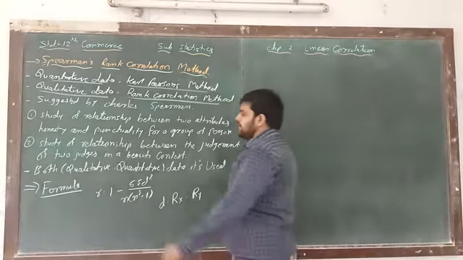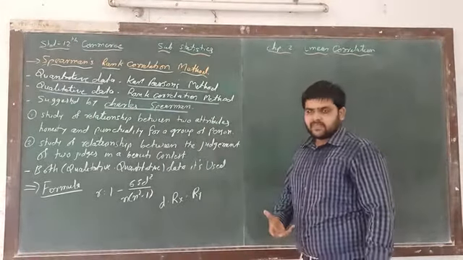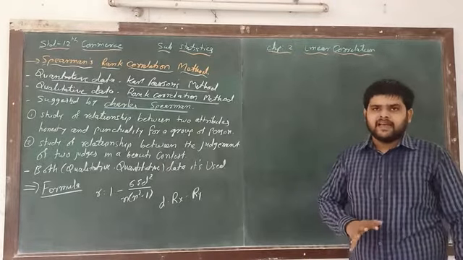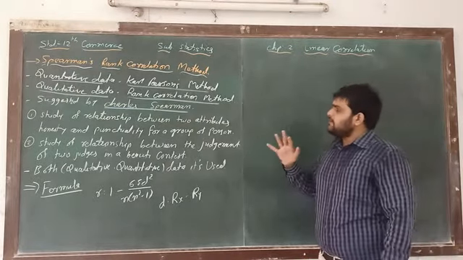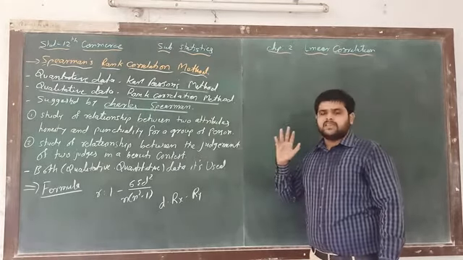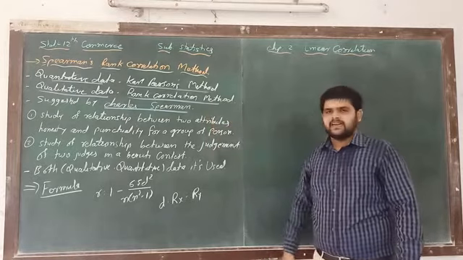This method was suggested by Charles Spearman. The author's name is Charles Spearman, and that's why we take his name for this method, Spearman's rank correlation method. The whole method is established with the help of his surname.